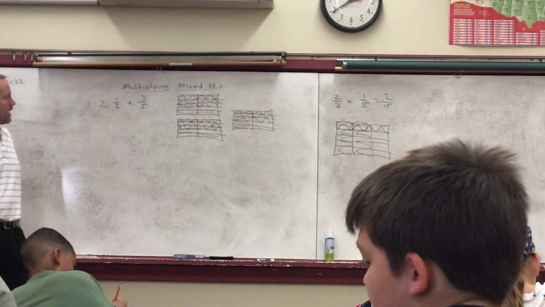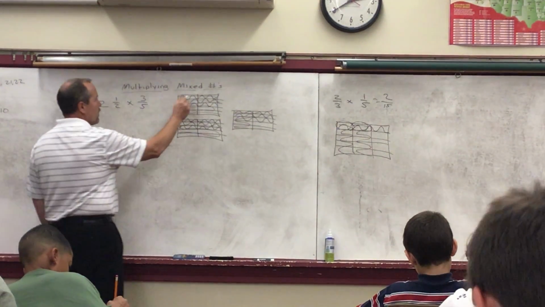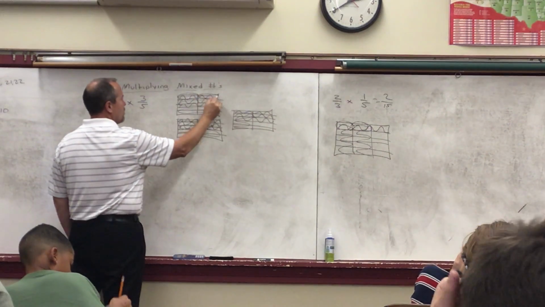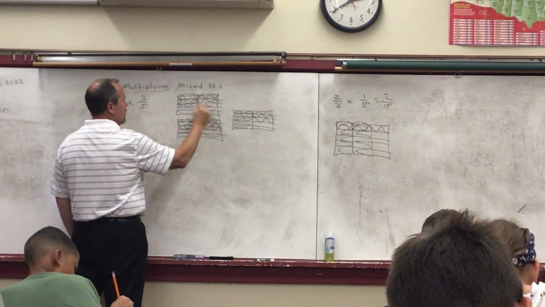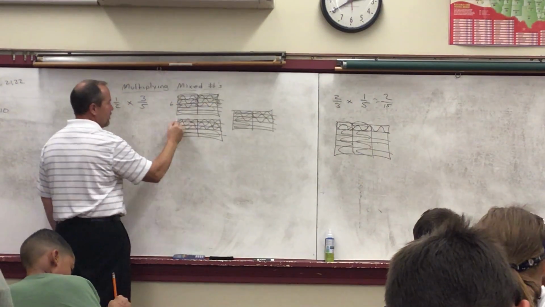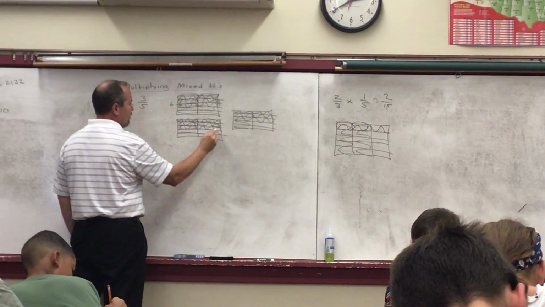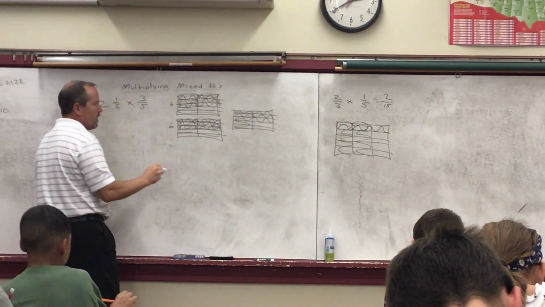And so when we look at it and we want to figure out how many sections are colored in both ways, we would have 1, 2, 3, 4, 5, 6 in that one. 1, 2, 3, 4, 5, 6 in this one.